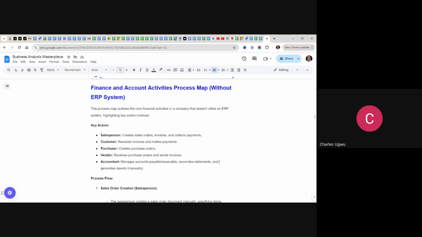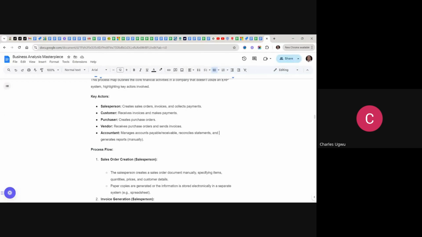So you, as a business analyst, try as much as you can to help this organization to optimize the process within the finance department. You cannot do that without understanding their current process, the way they manage their finance department, before you can think of any solution you are bringing in. So this is the scenario here.